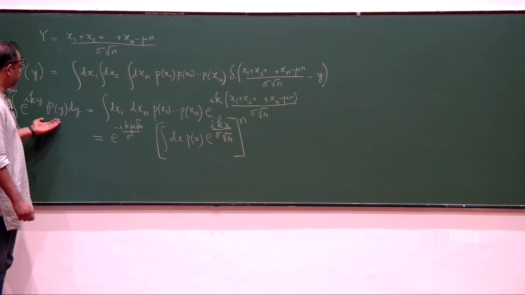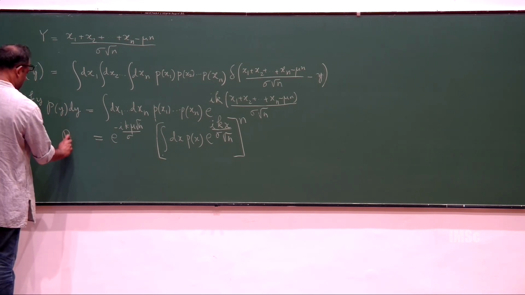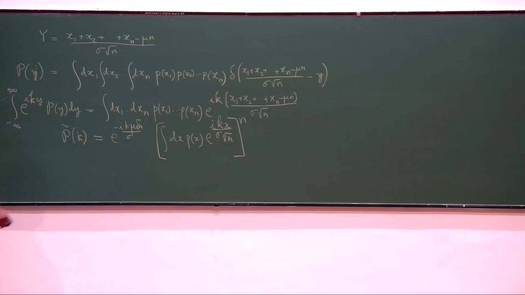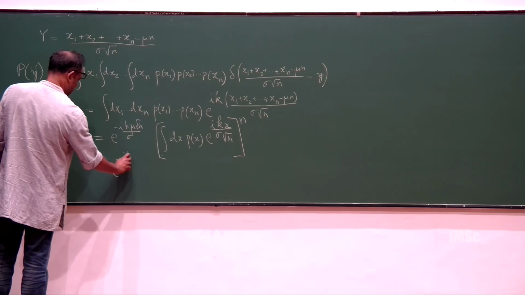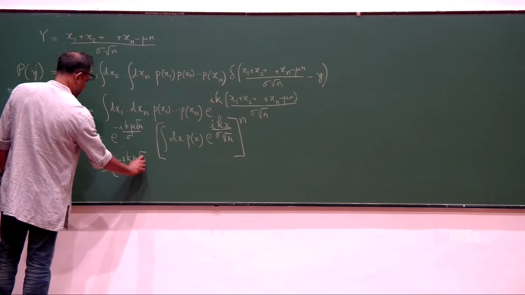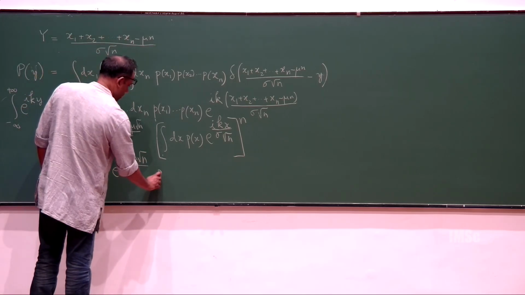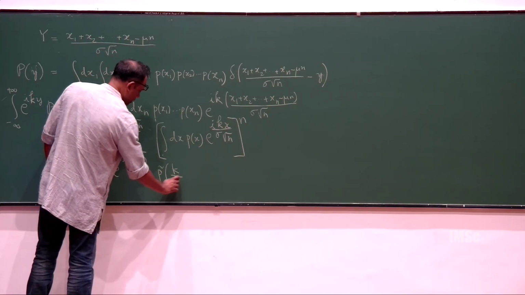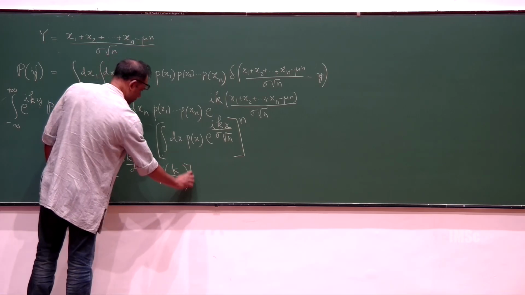So I want a notation for the Fourier transform. The notation will be p tilde. So this will be p tilde of k, and this will therefore be equal to e to the power minus i k mu root n over sigma times small p tilde, but k is now a bit different, k by sigma root n, to the power n.